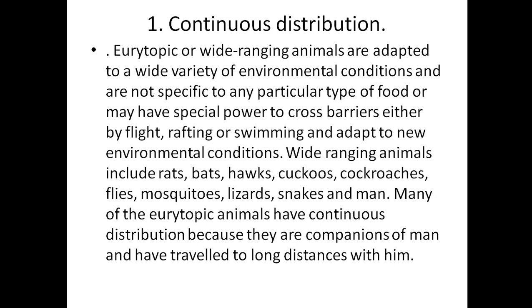Here, bats, hawks, cuckoos, and mosquitoes can fly, especially rats and cockroaches are very closely associated with human beings. Along with the human beings, they must have entered into the new areas where human beings colonized.